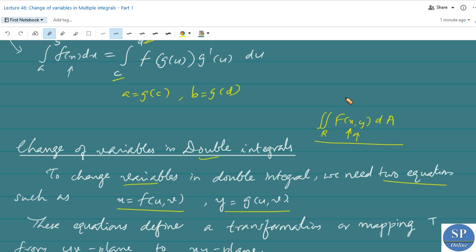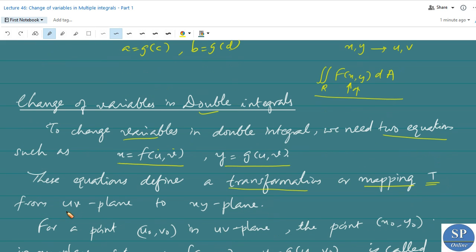That is, we are going to change the variables x and y into the variables u and v. These two equations define a transformation or a mapping, denoted by T, from the uv plane to the xy plane.